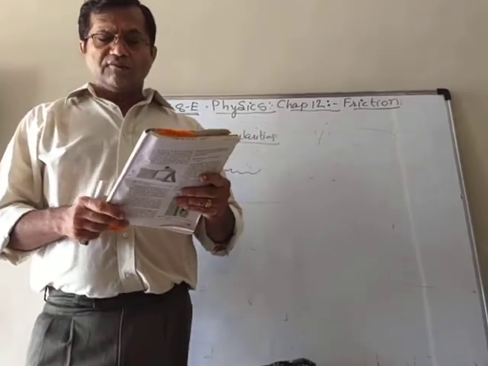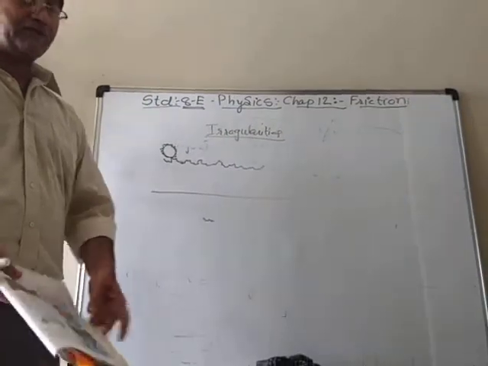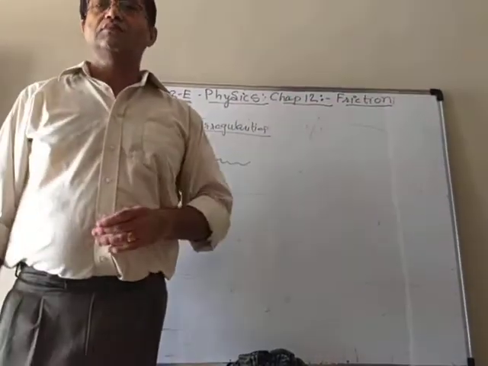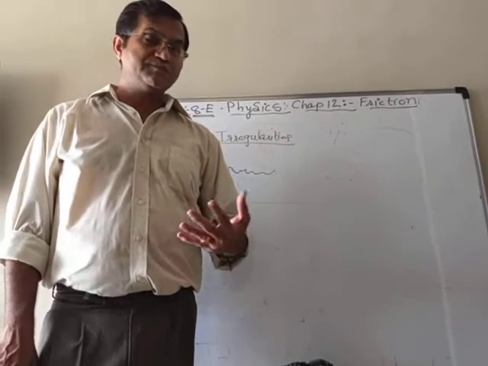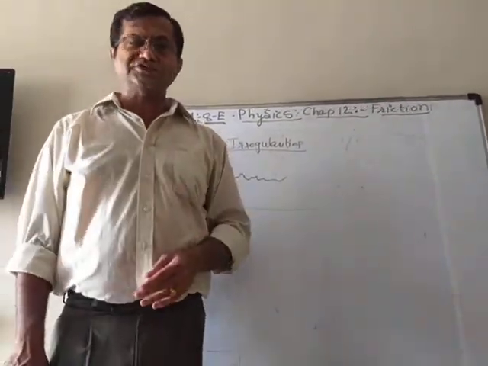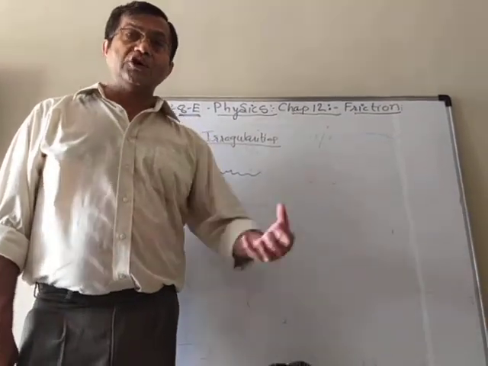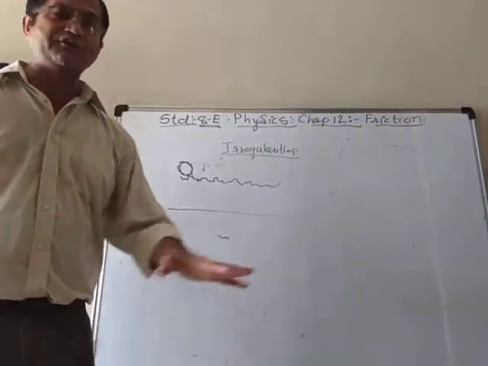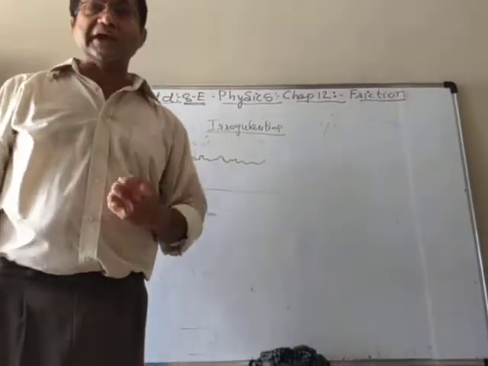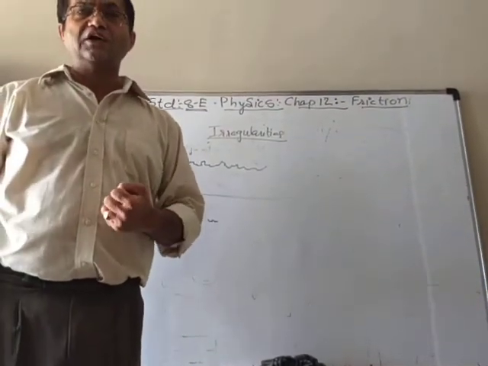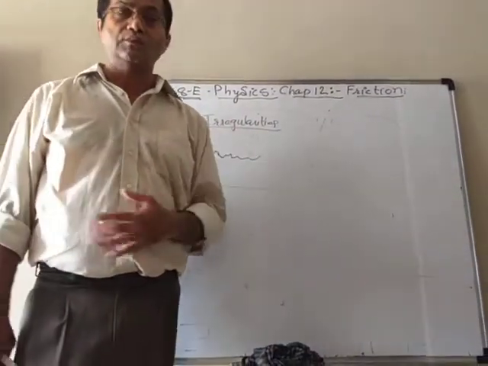So when we attempt to move any object, like if you want to move the table, and you apply a little force, it will not move. Why? Because the force of friction between the floor and the legs of the table will not allow the table to move.